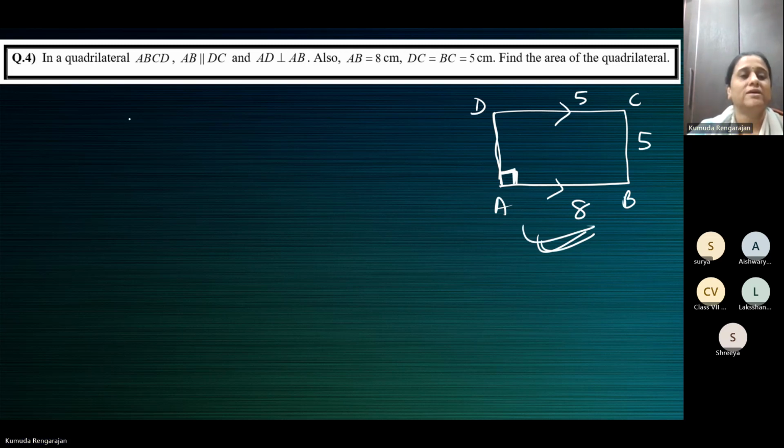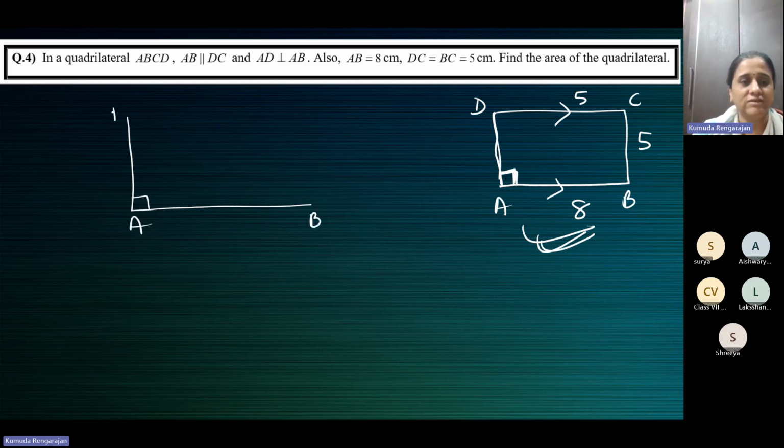So now looking at this, DA goes like this. This is perpendicular to AB, like this. So this is A, this is B, this is D. And you can see that this is 8, while this is only 5. So 8 is this lengthy, 8 centimeters.